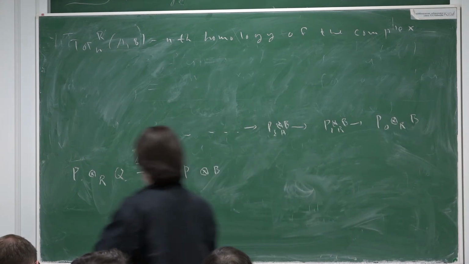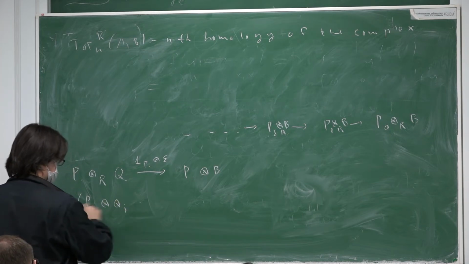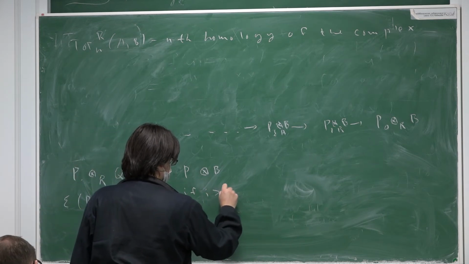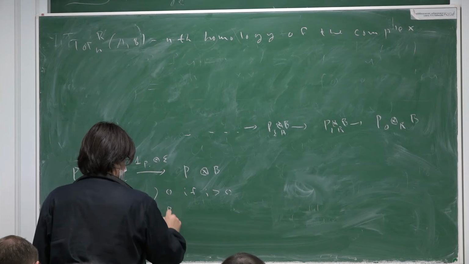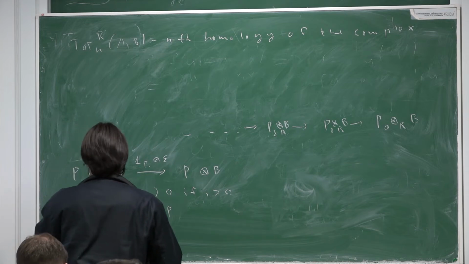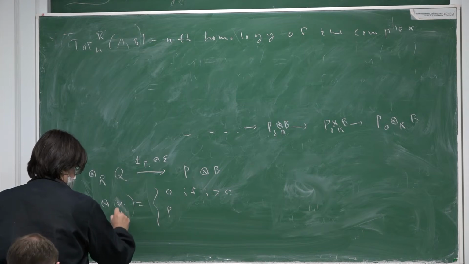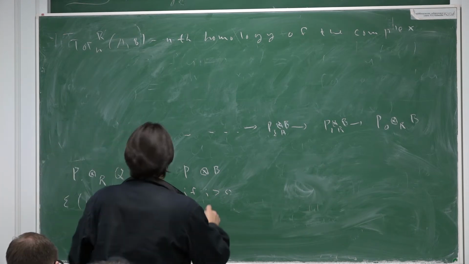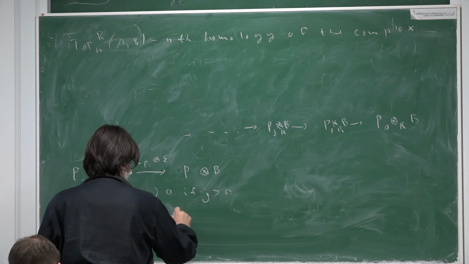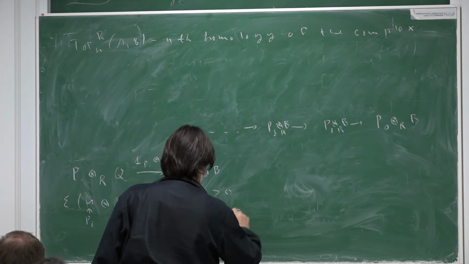On P_i tensor Q_j, take u and v, this from P_i, this from Q_j; this map is 0 if j is more than 0, and it is simply u tensor epsilon of v if j is 0.